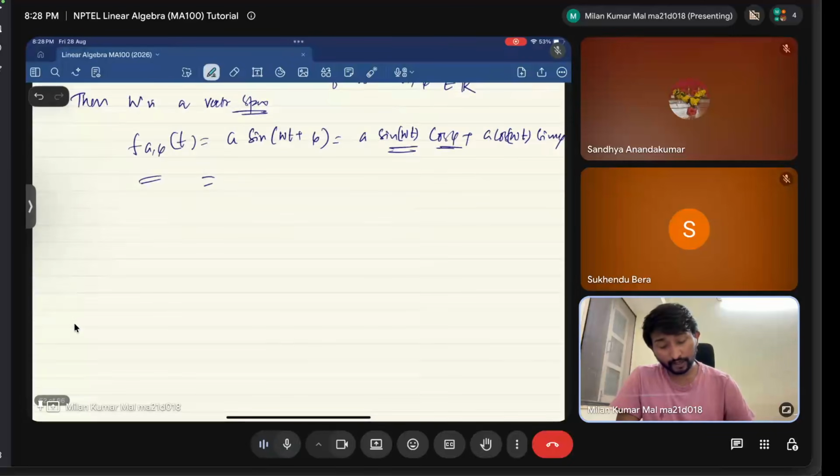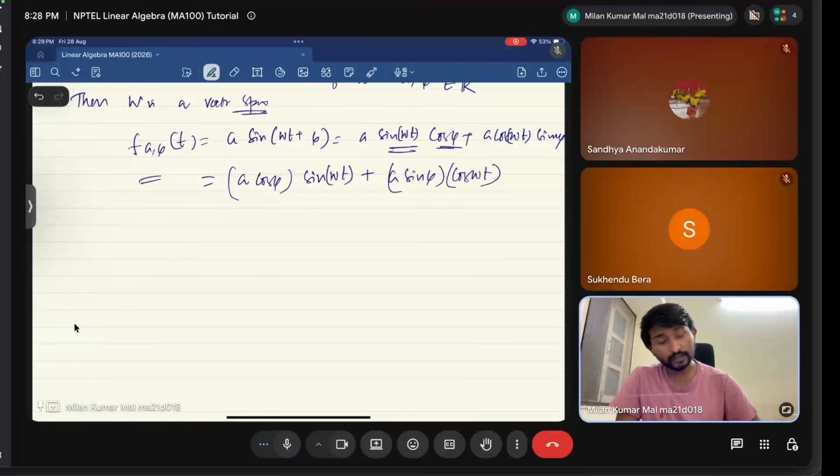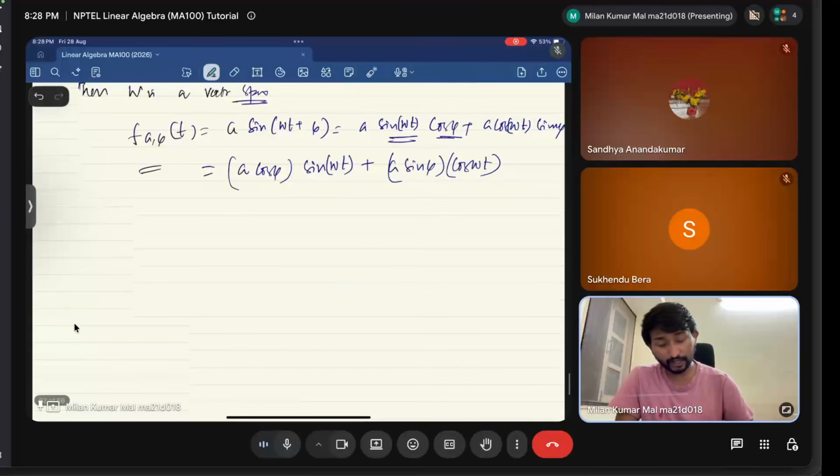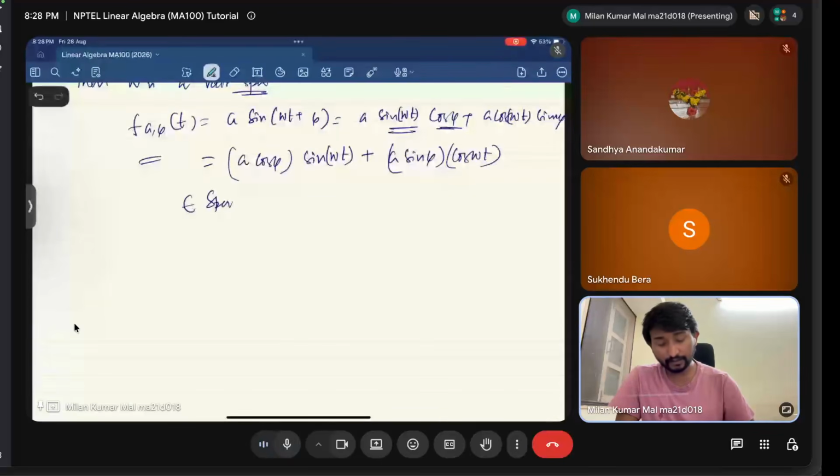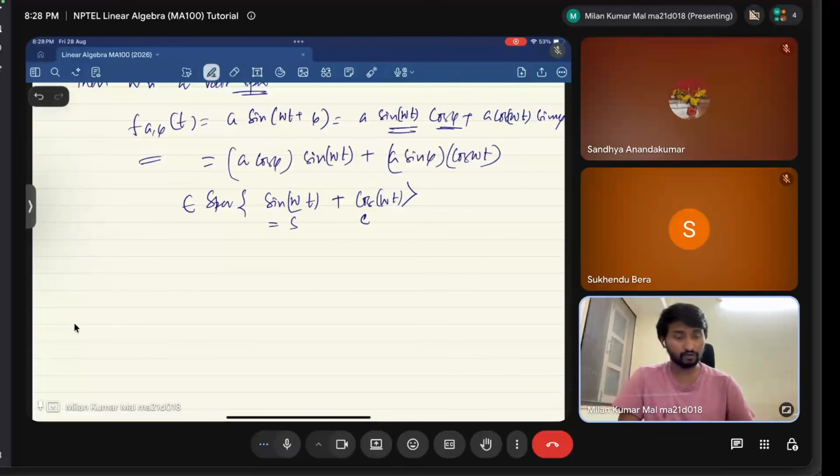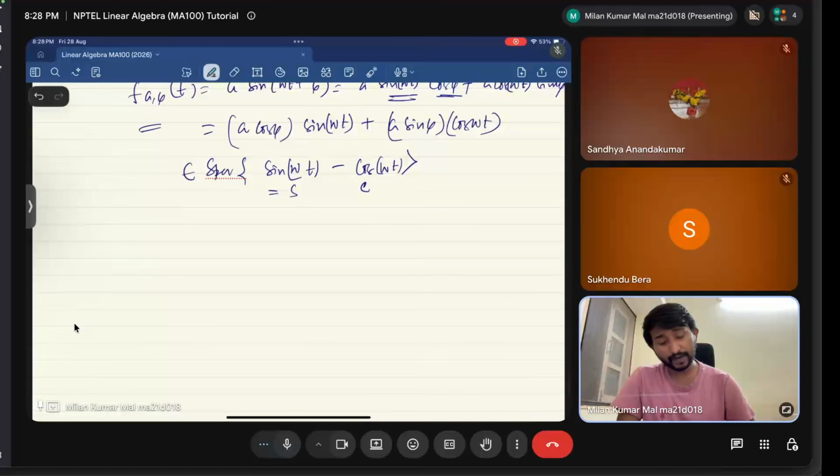So what I'm getting here is a cos phi times sin wt plus a sin phi times cos wt. This is a linear combination contained in the span of two functions, sin wt and cos wt. Let's call them s and c, sine and cosine.